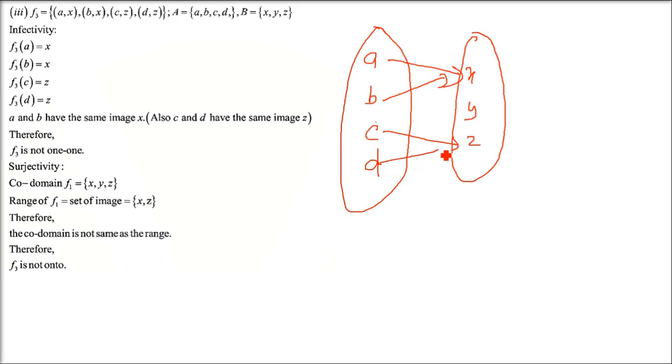Here also we see a problem. Now what is the problem? 1-1: every element has to be related to only a single element. So first is boyfriend, second is girlfriend. A girlfriend cannot have multiple boyfriends. A boyfriend cannot have multiple girlfriends. This is the condition for 1-1. So it is not 1-1. Now onto, not a single girl should remain. Every girl should have a corresponding boyfriend. So onto, it is not.